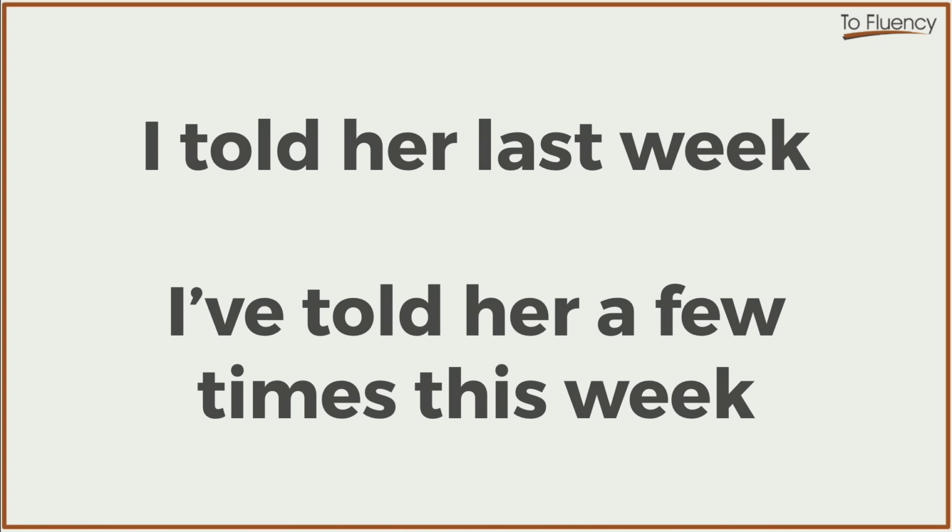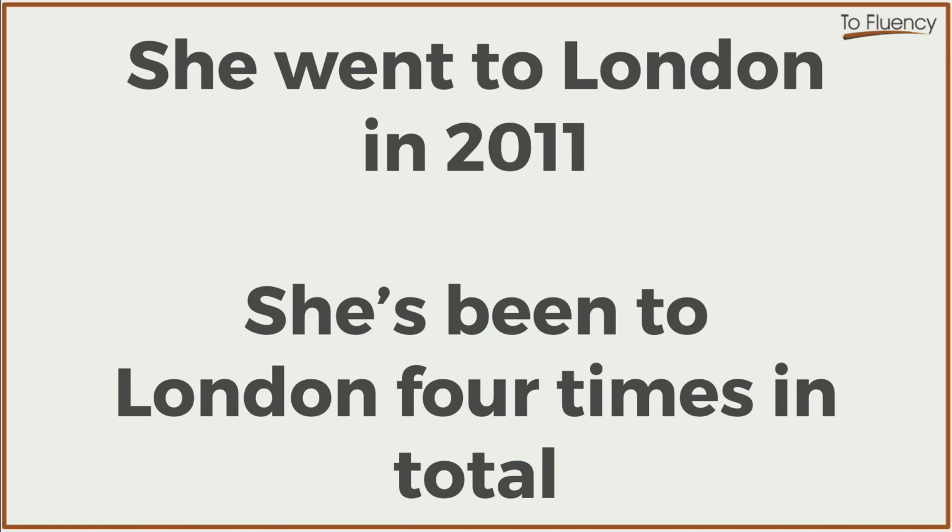When we use last week, it's a simple past. When we use this week, it's the present perfect. She went to London in 2011. An example of using the present perfect to talk about something similar. She's been to London 4 times in total.